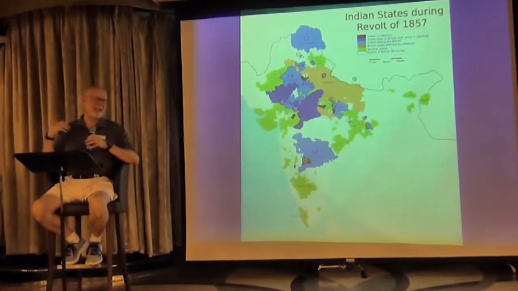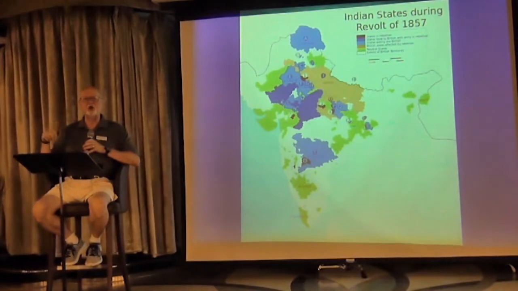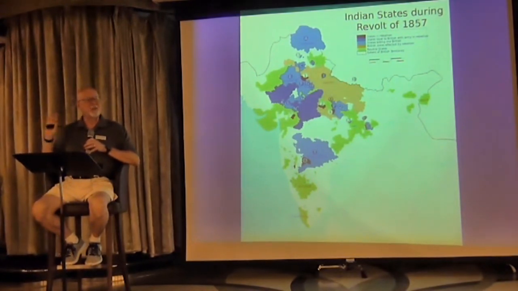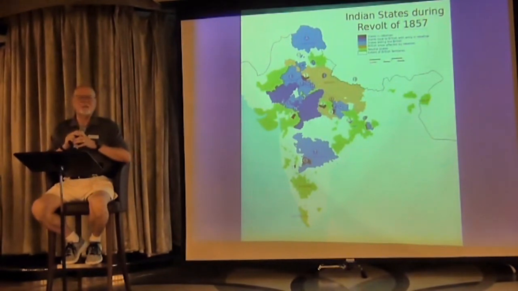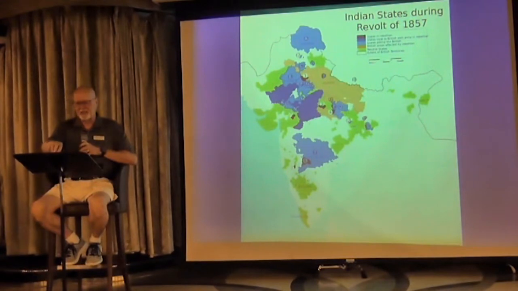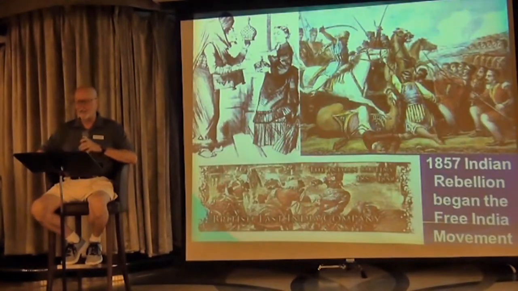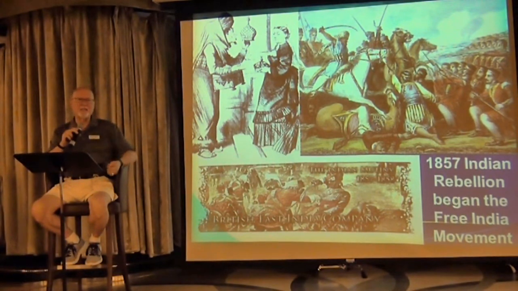And in fact, had some of the larger states or provinces within India not fought on the side of the British during the 1857 rebellion, it would have been very unlikely that the British could regain control, but they did. So the 1857 rebellion really was the start of an organized independence movement.